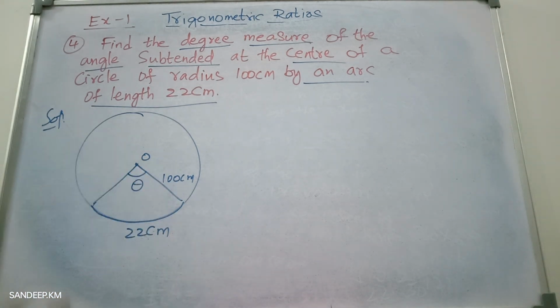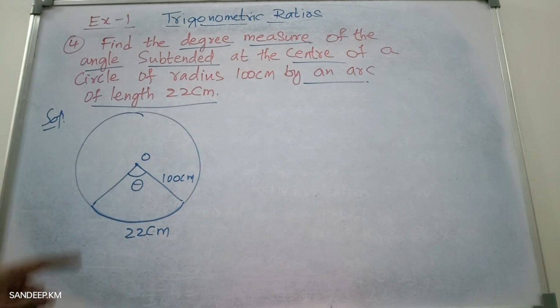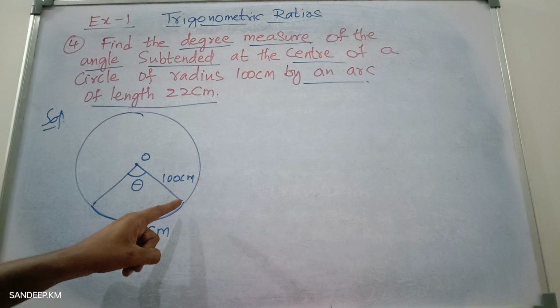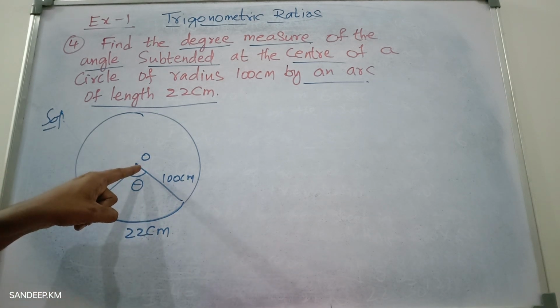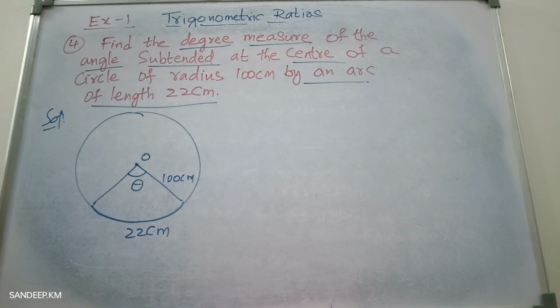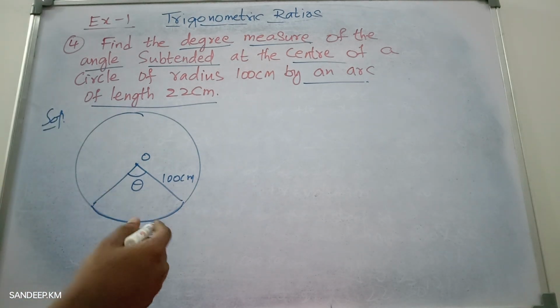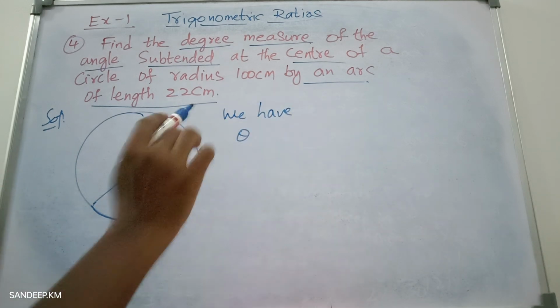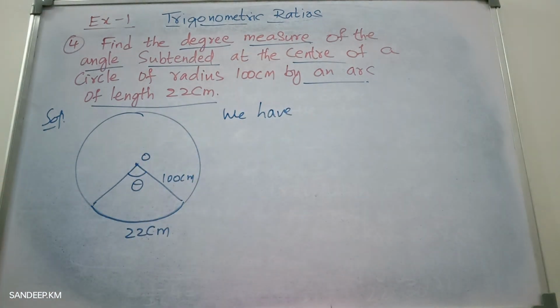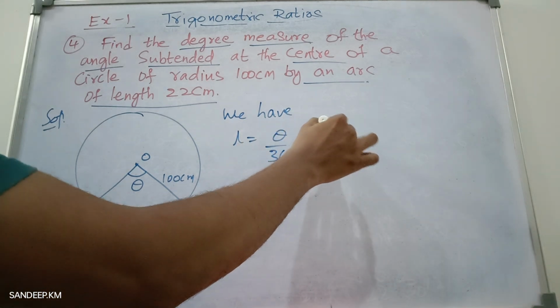Let that angle be theta, and they told us to find the theta in degrees. What is the angle subtended by this particular arc whose length is 22 centimeters at the center of the circle with radius 100 centimeters? So already I have given you the formula. If you want theta in degree measure, then take the length of the arc formula: length of the arc L is equal to theta by 360 degrees into 2 pi r.